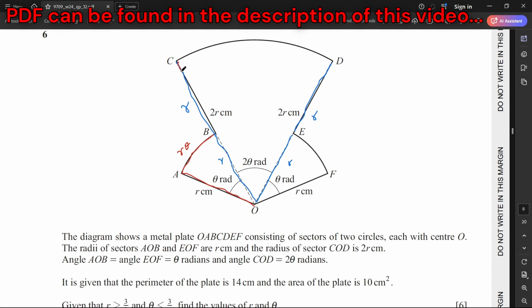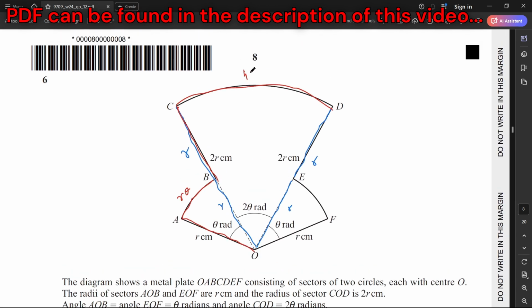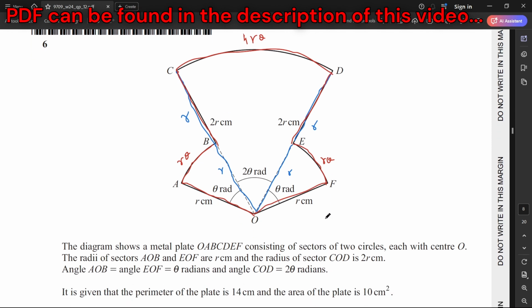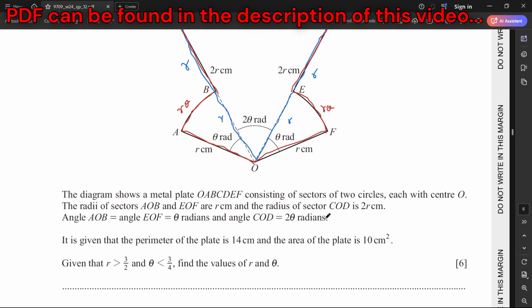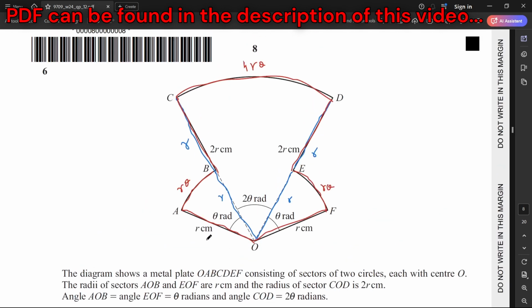Then we are having this r, and then again if we have to find the arc length of this sector, it's going to become 2r into 2 theta, which is 4r theta. Then this is r, this is r theta, and this is r. So based on this, I can say that my perimeter, that is equal to 14 centimeters, equals the summation of all these values that I've written over here.